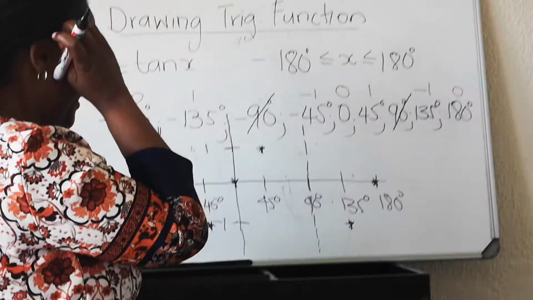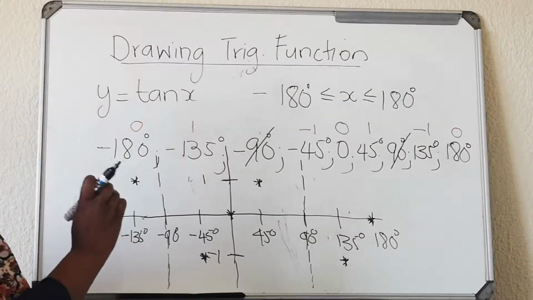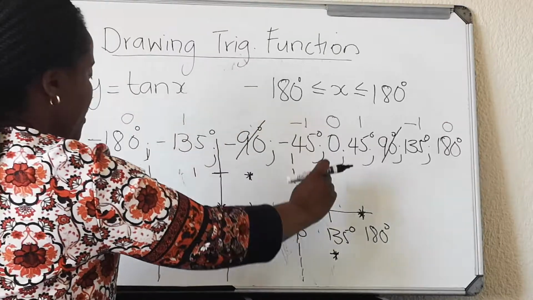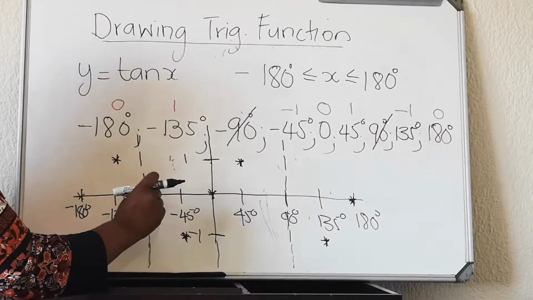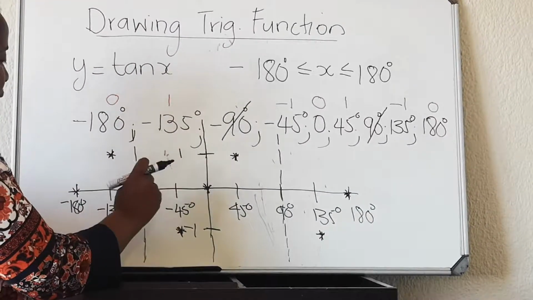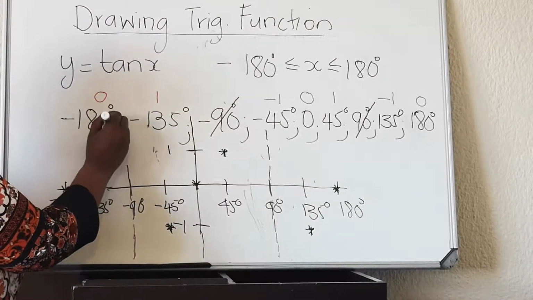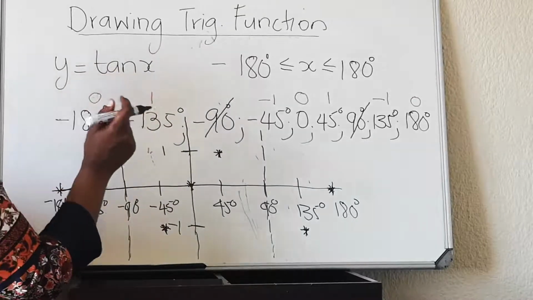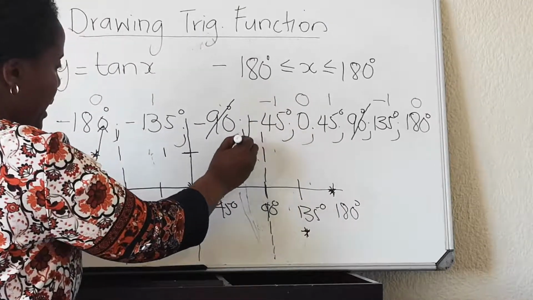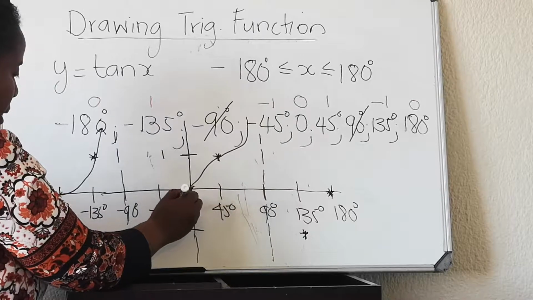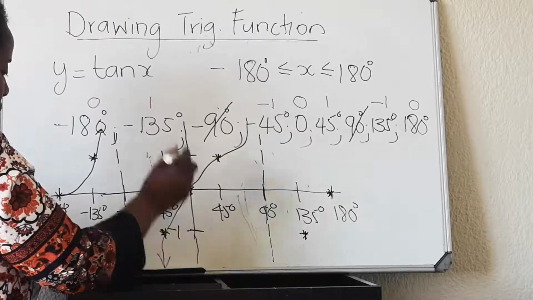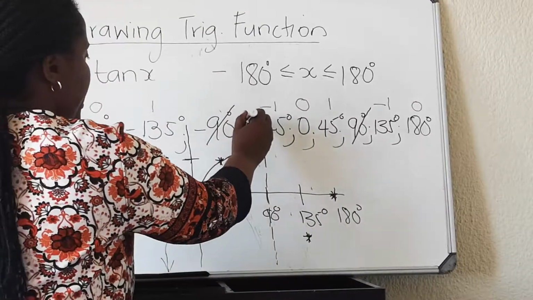This graph is not like a sine and a cos graph. You cannot have a curve through the asymptote because you must not touch this line. The shape of this graph goes up like that, and then here it comes down like this, bending, going towards the asymptote, and then we have an arrow there.